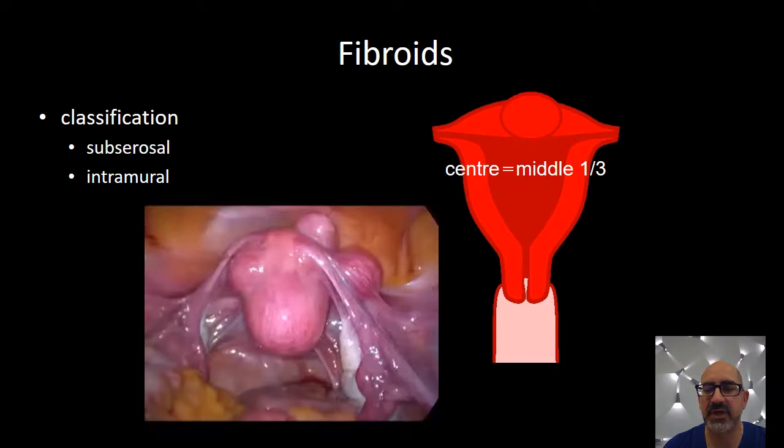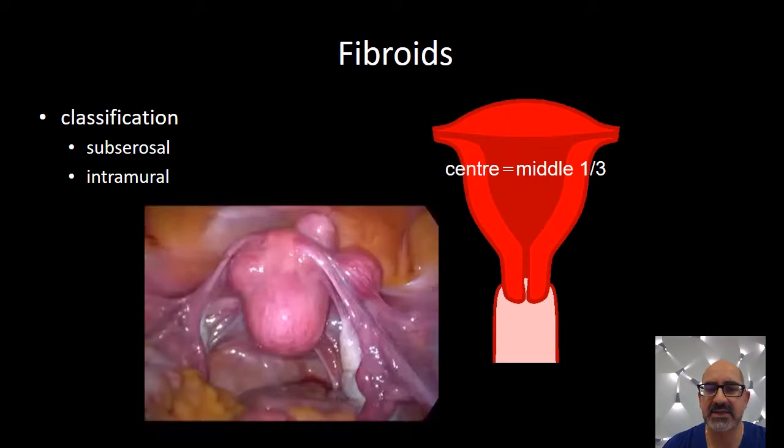An intramural fibroid is when the center is within the middle third of the uterus, and a type 4 is where it is contained, and a type 3 is where it actually indents the endometrium.